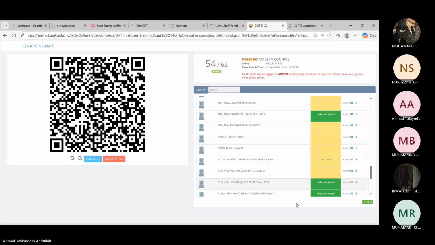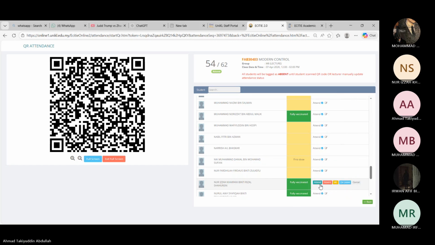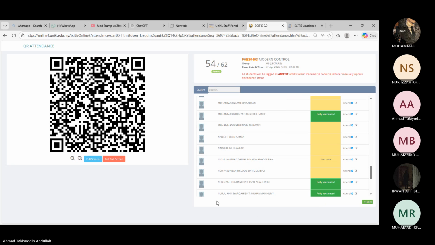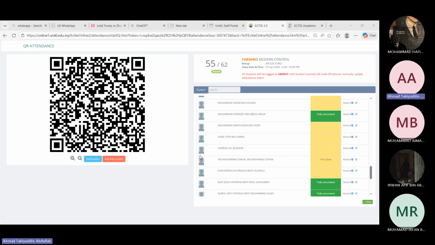Okey. Siapa lagi? Saya dah tandakan awak punya attendance, Nur Izzah. Saya remove awak daripada session dulu, sebab saya nak check yang lain. Irfan?